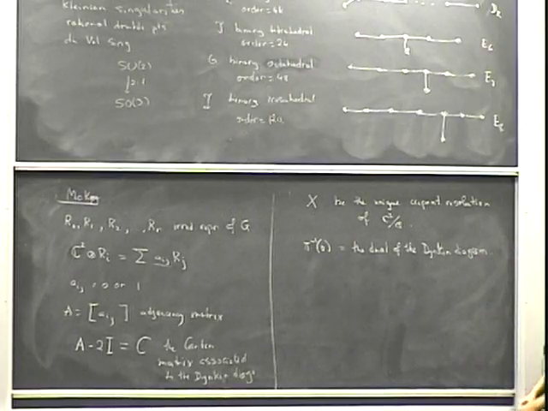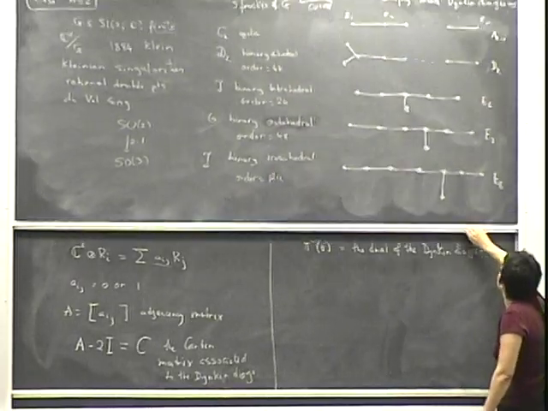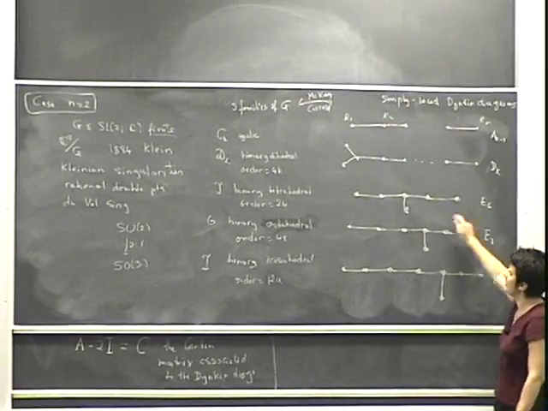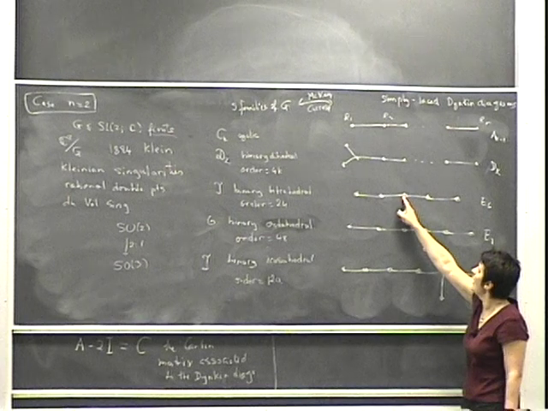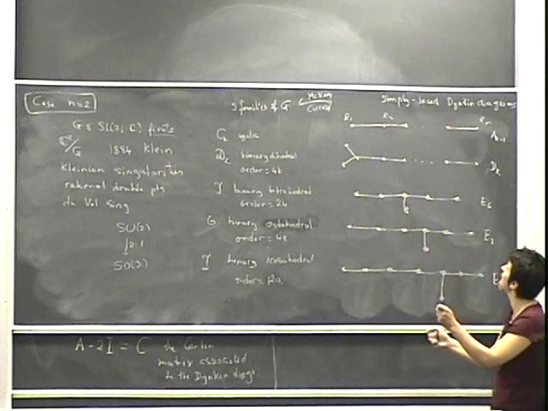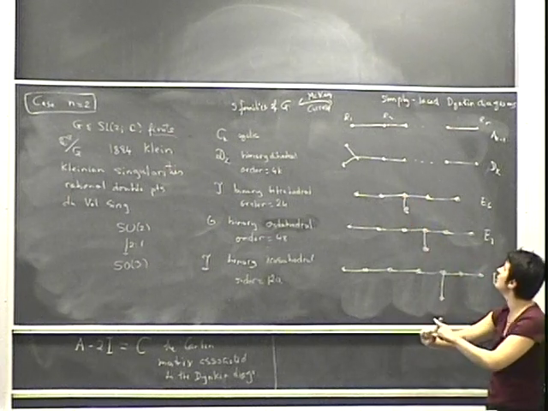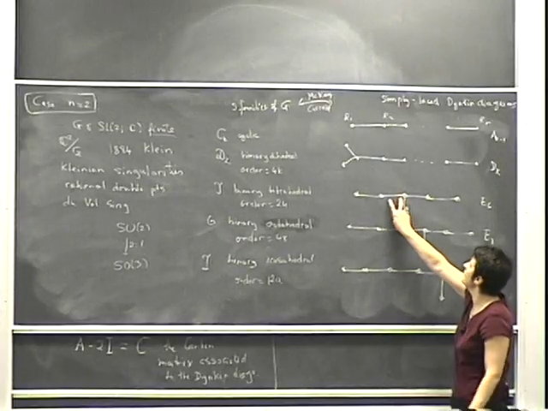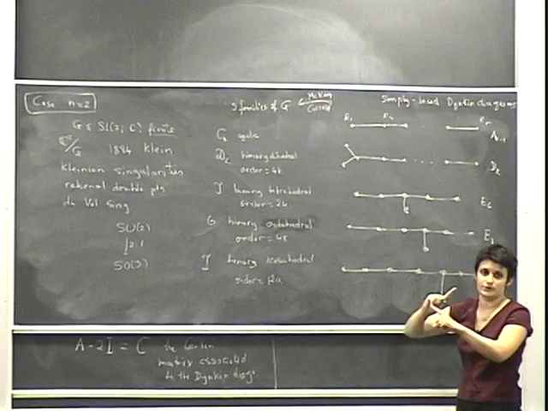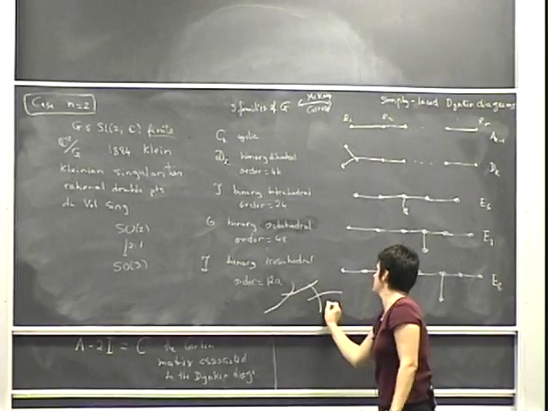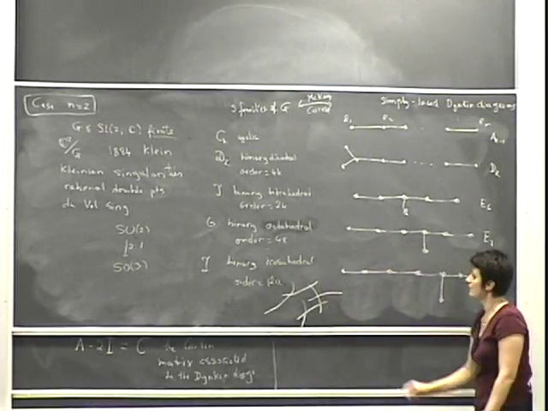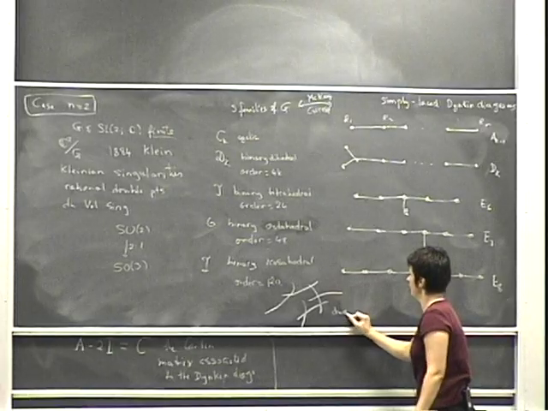So what does this mean? How do I construct a dual? For example, if I take E6, the dual means I replace each of the dots by a rational curve. And then two rational curves intersect transversely if and only if these dots are joined by an edge. So the dual there will be something like this, the dual of E6.